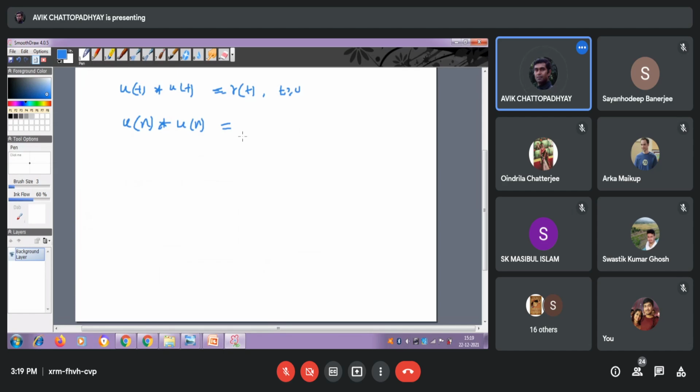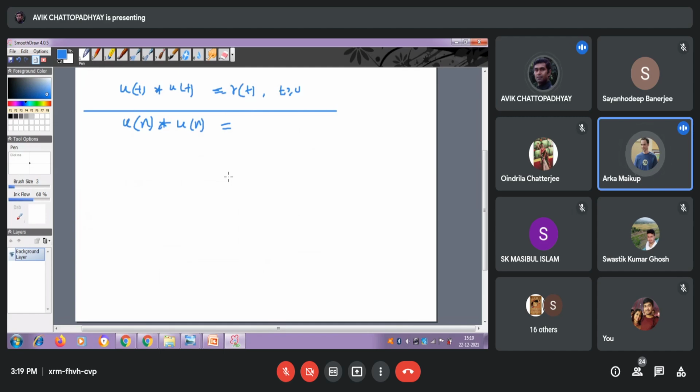Unit step in the discrete time domain. Sir, n of u[n]. n of u[n] is basically a ramp function, you know. If I write n of u[n], then what is the difference between these two?